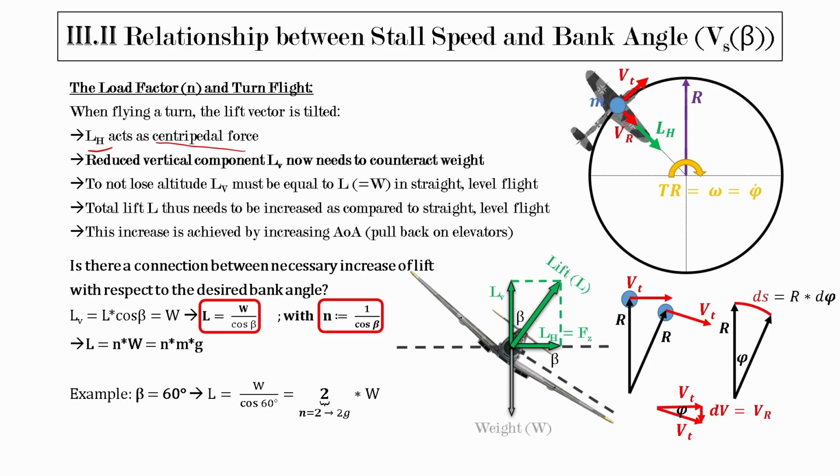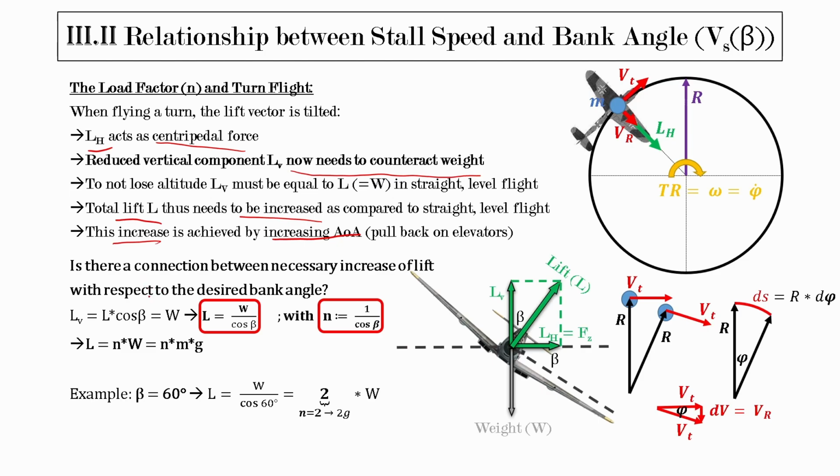The reduced vertical lift component with respect to straight flight needs to be compensated, or needs now to counteract weight, which means we have to increase our total lift with respect to level flight, and this increase is achieved by increasing AOA, pull back on the elevator.